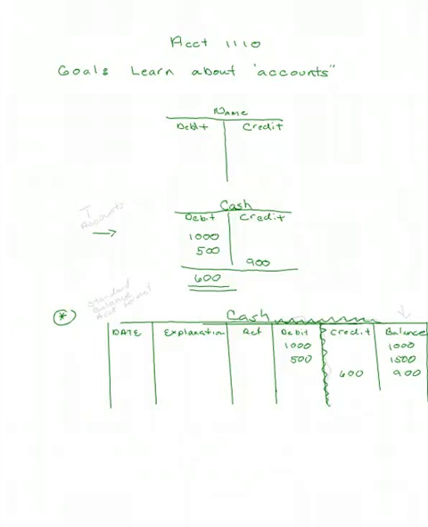So, let's summarize quickly. We have T accounts, and T accounts are just what they say. They're accounts written in a T format, easier to illustrate in total when doing illustrations.